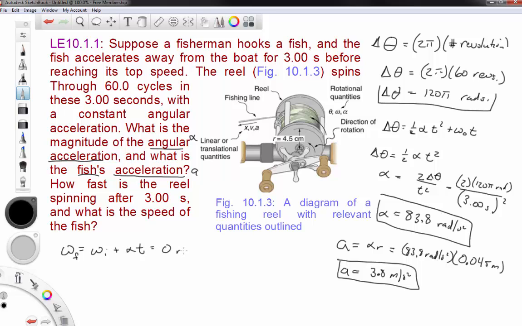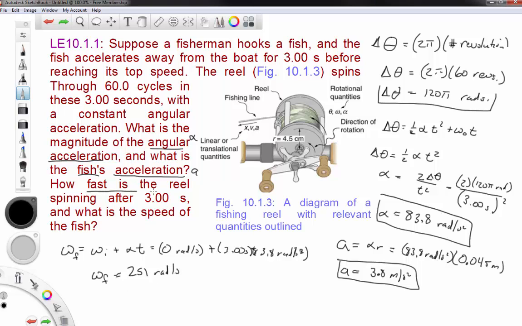So that's 0 radians per second plus 3.00 seconds times 83.8 radians per second squared. And so the rate at which the reel is spinning should be 251.32. So we'll record that as 251 radians per second.